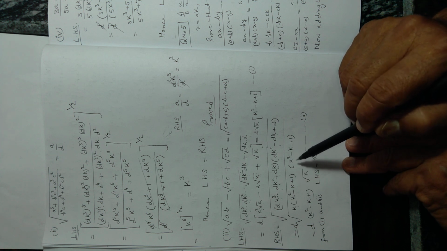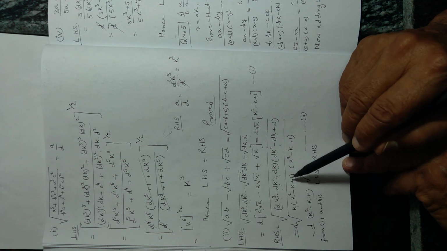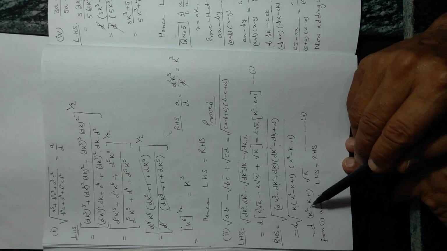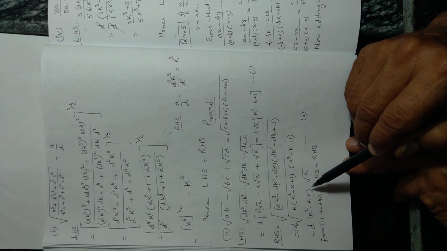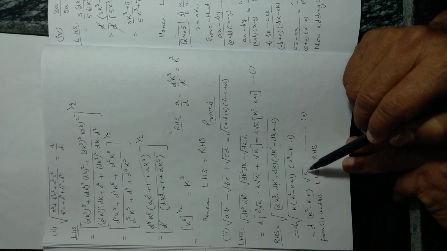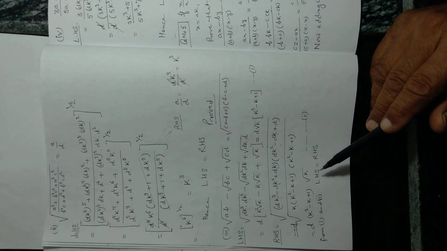So in place of twice, the square of this bracket, after taking the square root, we will get k square minus k plus 1 outside of the square root. We are left with root k. Inside the root, only k is there.